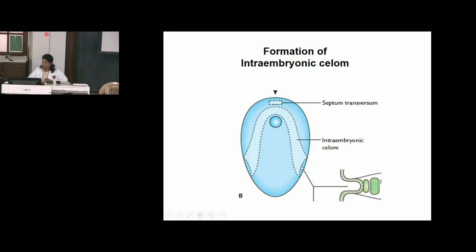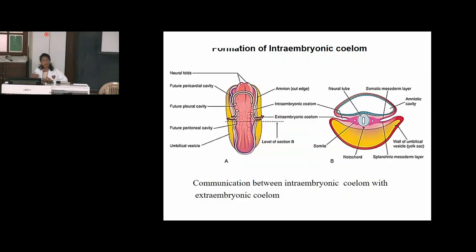What we can see here is that the intraembryonic coelom is communicating with the extraembryonic coelom. Why is there a need to communicate? There is a free communication between the intraembryonic and the extraembryonic coelom. What is the reason? Do blood vessels develop here?